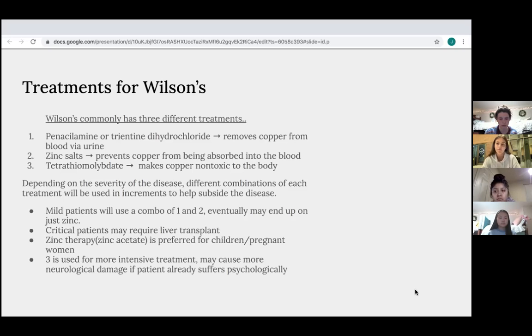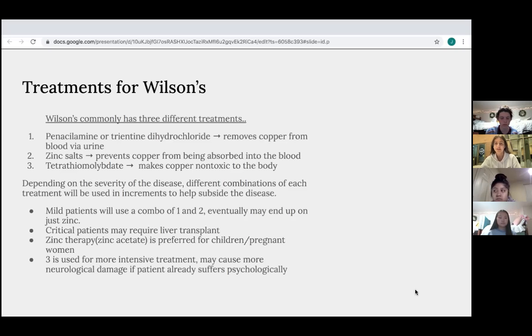This is also a more mild form of treatment if you are experiencing symptoms. This prevents copper from being absorbed into the blood, therefore causing toxicity in your body. And then the third type is tetrathiomolybdate, which makes copper non-toxic to your body, and it also prevents the copper from being absorbed into your blood.